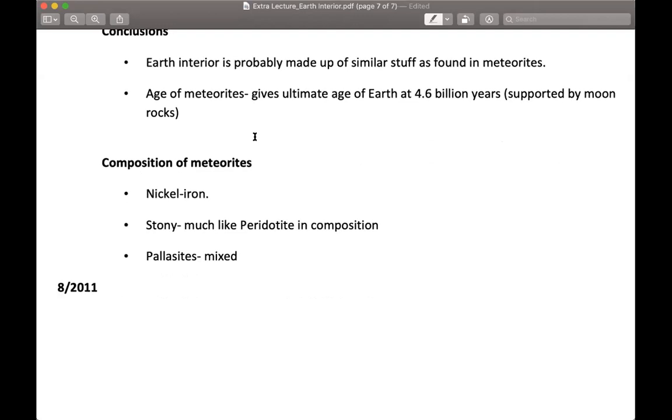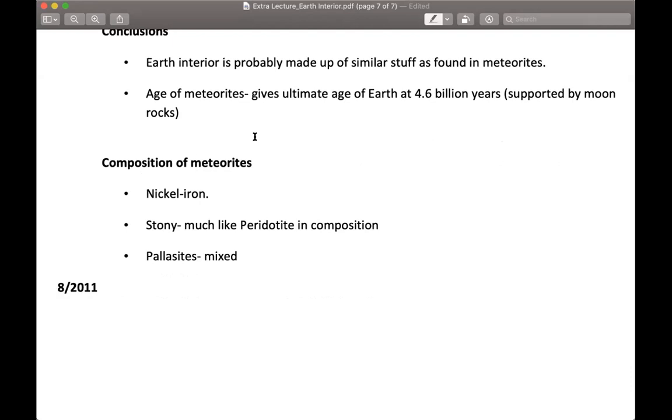That means undifferentiated materials plus differentiated materials. Differentiated materials means the parts of crust, that means rock types of crust or mantle. And the core, of course, does not have rocks. They are just metallic iron and nickel, right? So plus the meteorites are there as the composition of the Earth.